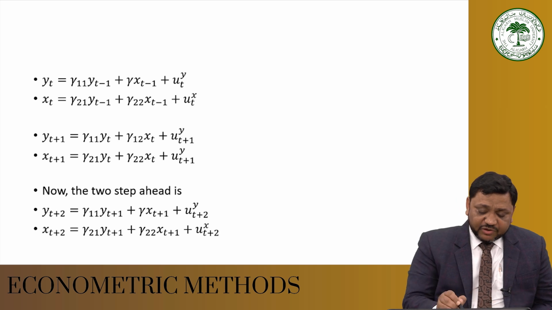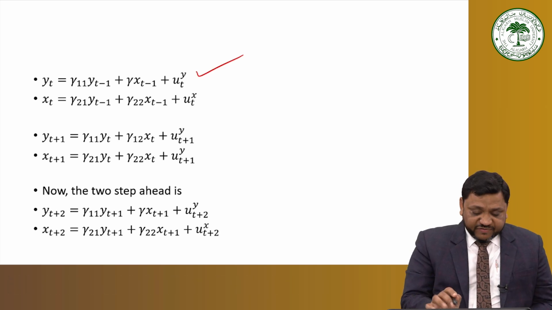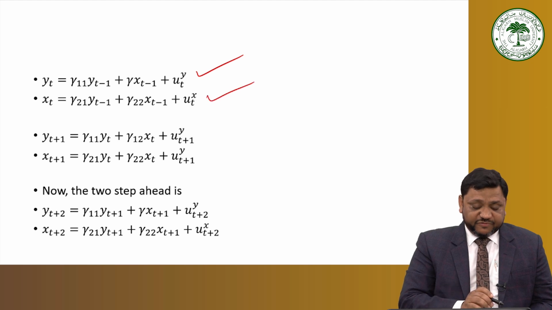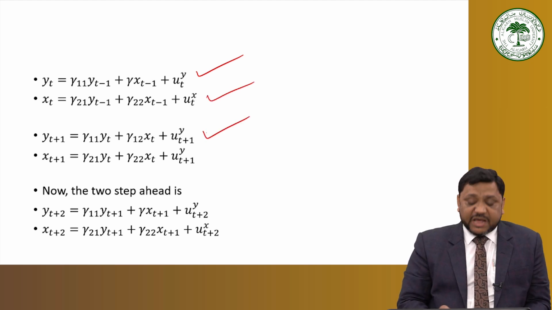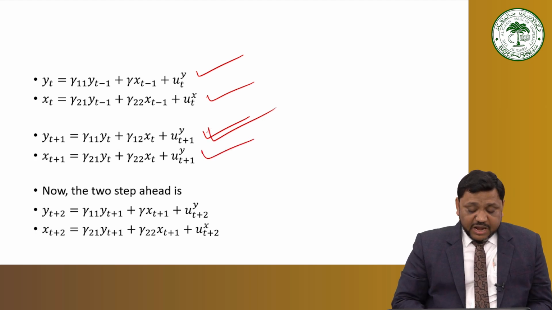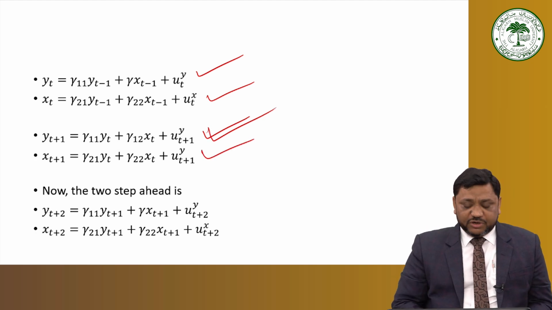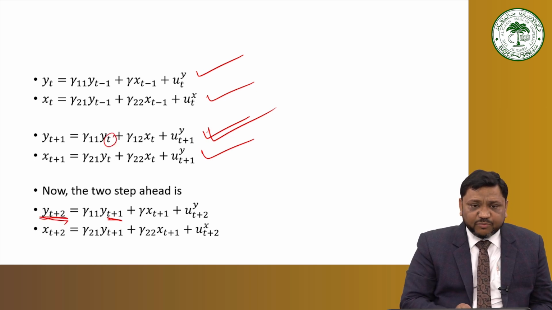Now we have the function of yt and the function of xt, which we have seen just before. Then we derived yt plus 1 and xt plus 1. Now we take 2 steps forward. So when you are taking 2 steps forward, this becomes xt plus 2, and herein it was t and we add one more.